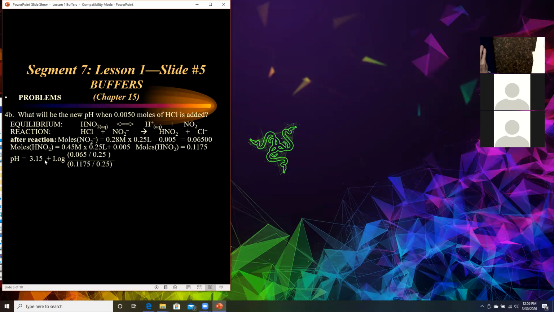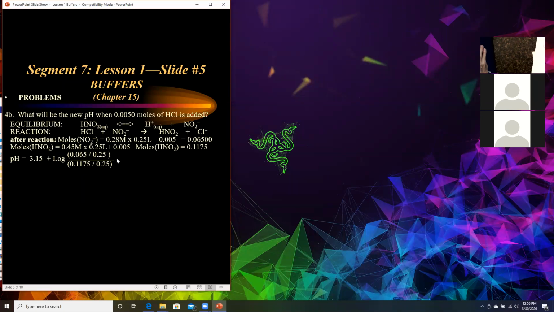So the pH is pKa plus the log of the nitrite ion, anion concentration, this one, divided by this one. Now the reason we're dividing by 0.25 here is that the Henderson-Hasselbalch equation is for molar concentration, not moles.